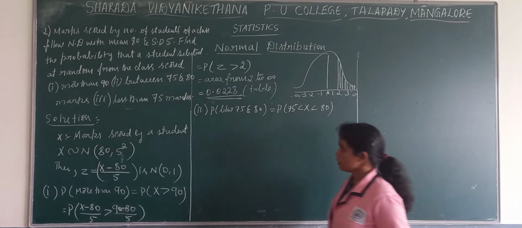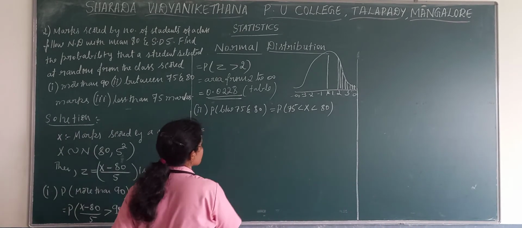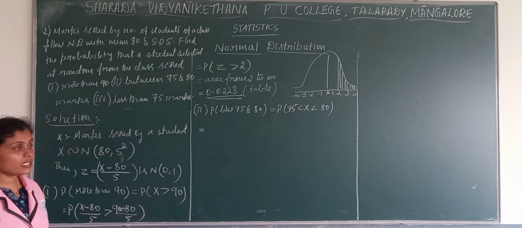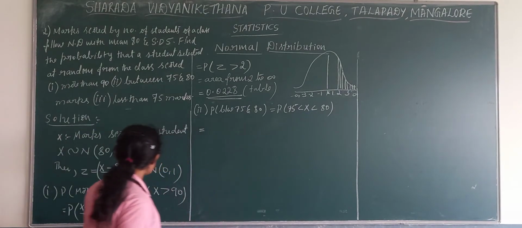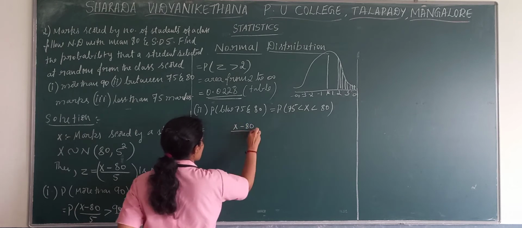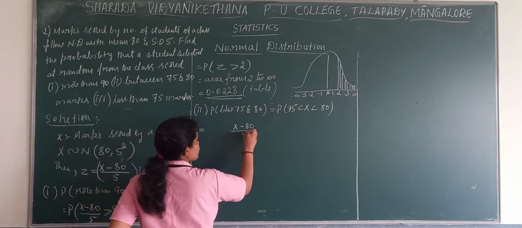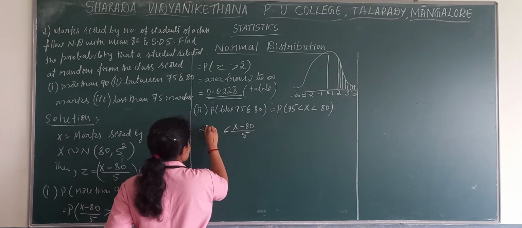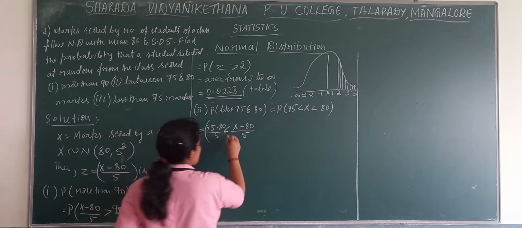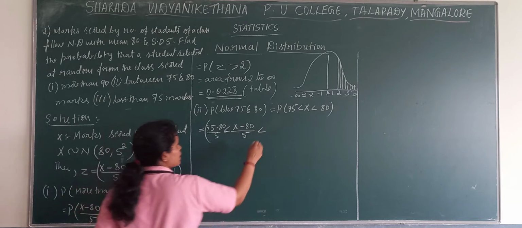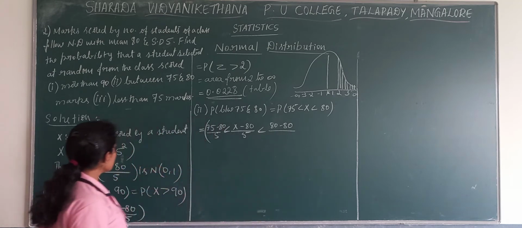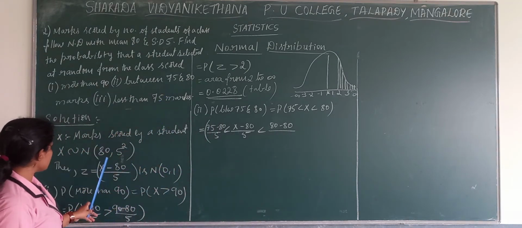Now take the standard normal variate formula, X minus 80 by 5 is greater than, now substitute this, 75 minus 80 by 5, and here it is lesser than 80 minus 80 divided by, is it 80? Yes, here it is 80.